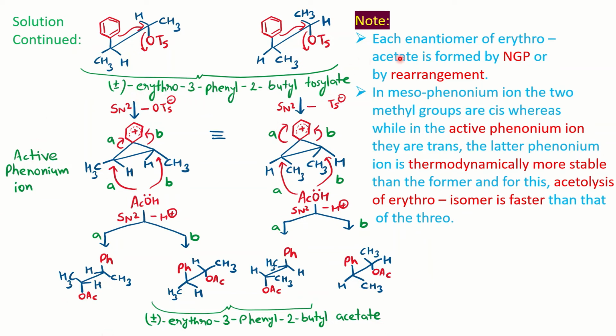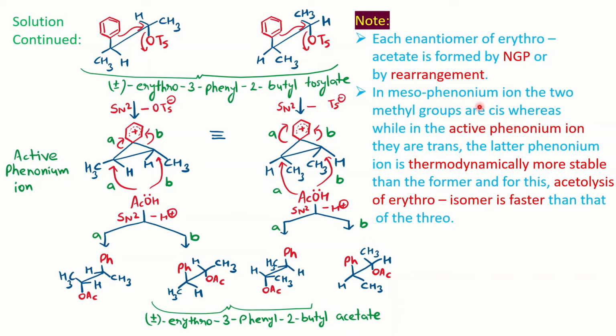Erythro and threo. So some points to note down: each enantiomer of erythro acetate is generated either by NGP or by rearrangement. NGP means retained configuration, right? In the meso phenonium ion, if somebody asks you what is the effect on the rate of reaction if you compare the threo and erythro isomers, the rate of reaction is faster in which configuration?